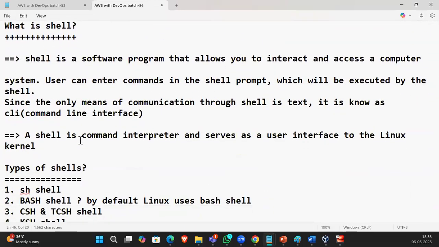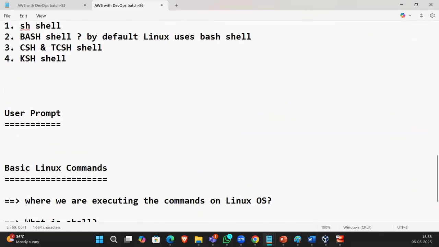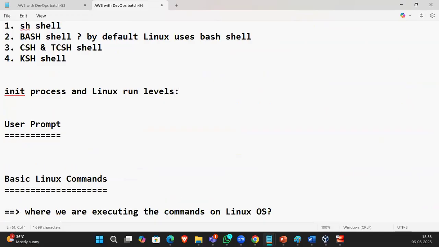So types of shells we understood, right? Before that, I need to discuss one other topic also: init processes and Linux run levels. So what is that? Init processes and Linux run levels.